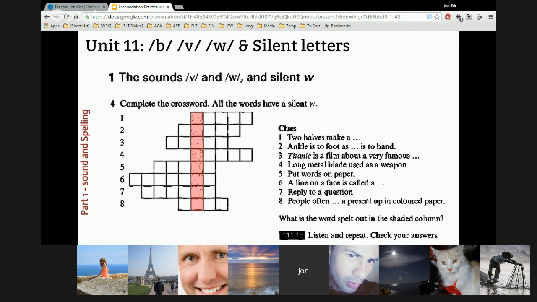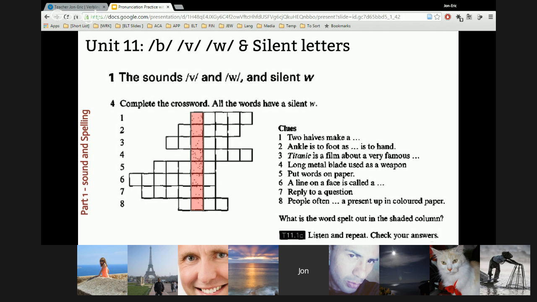Christian, number 1. Two halves make a half? No. Wait a second, I'm sorry. Math class was the hour before. One more time. Not a half. What's the opposite of a half? The half is entier.